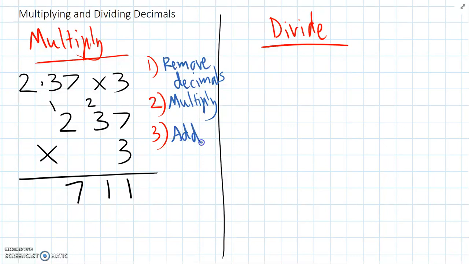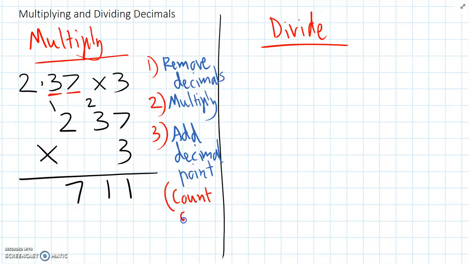So add decimal back in. And the way we do that is to count the number of decimal places that we had in our original question. So 3 doesn't have any decimal place values, but 2.37 has 2.